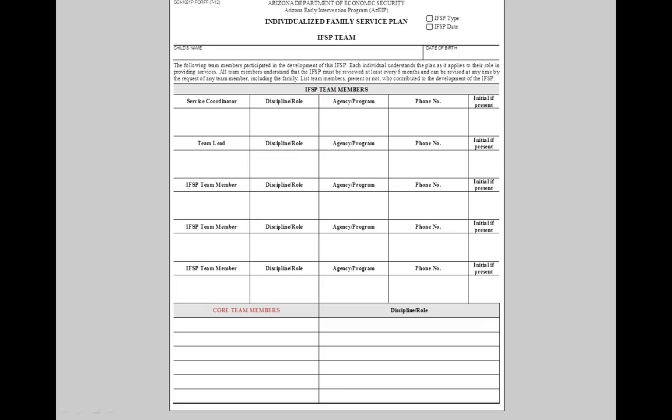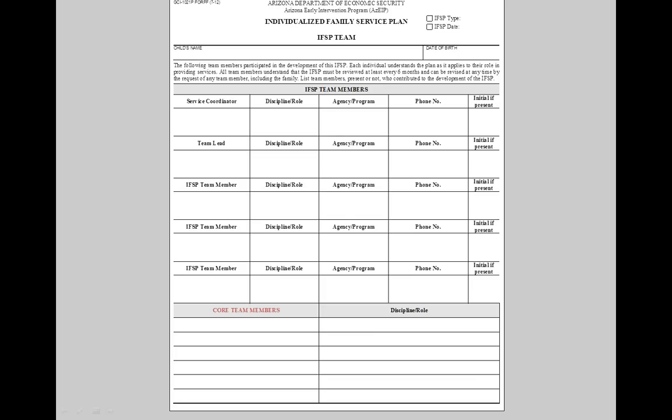For an initial IFSP, the ongoing service coordinator and one member of the evaluation or assessment team must be present for the entire meeting. Other team members involved in the evaluation or assessment may participate by phone or by making records available prior to the meeting.